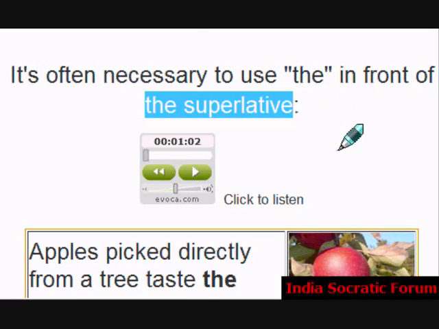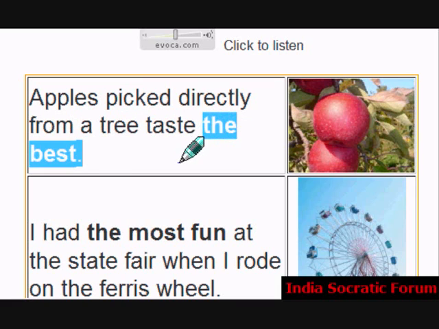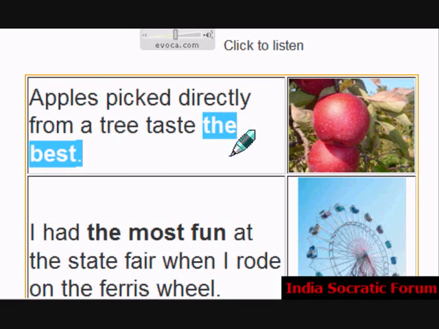Okay. Let's see some examples here. Apples picked directly from a tree taste the best. Superlative form of good is best. The best.